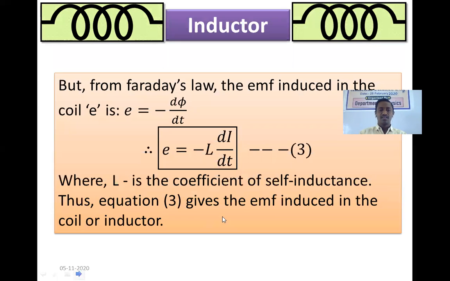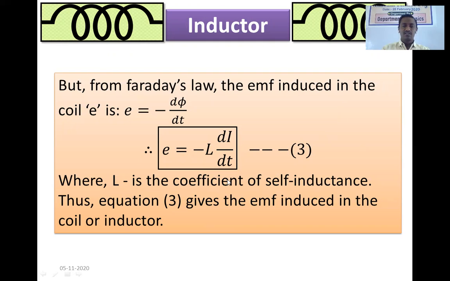Now from Faraday's law of electromagnetic induction, we can write that the EMF induced in the coil is equal to minus d phi by dt, where the negative sign is given by Lenz's law.